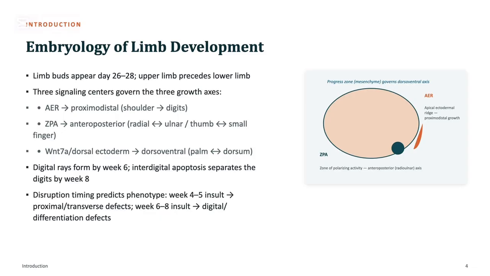The embryology of limb development: we have three signaling centers. What is meant by signaling center? Signaling centers are like small ships that guide large ships in small canals. The small ships are the apical ectodermal ridge, which determines the proximal to distal configuration.